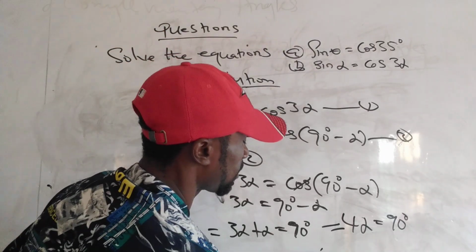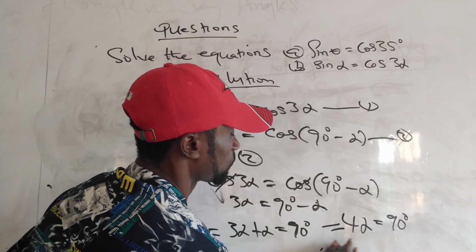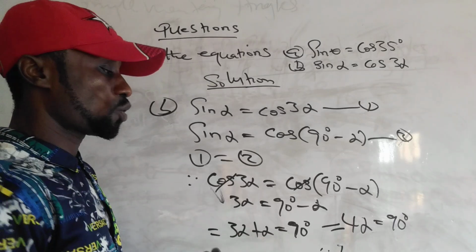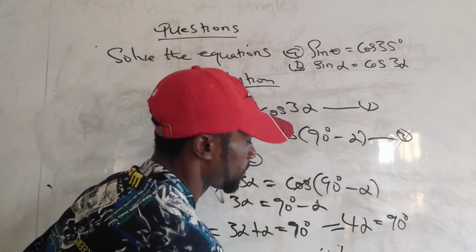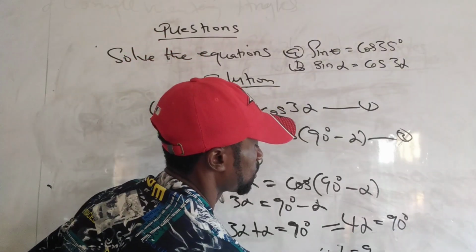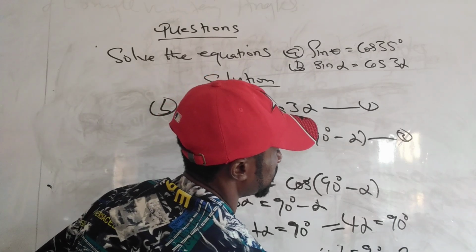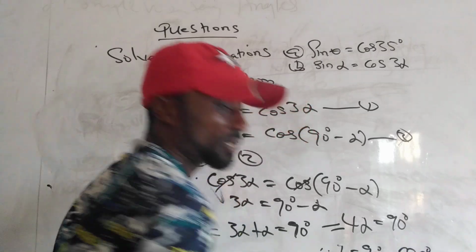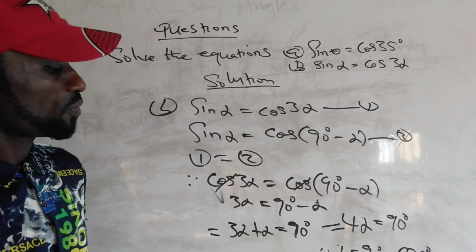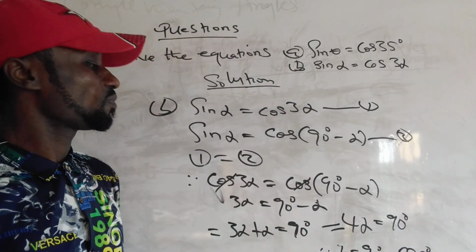So with this, we can comfortably say that alpha, we divide both sides by 4, the coefficient of alpha, is equal to 90 degrees divided by 4, which gives us 22.5 degrees. That means alpha is equal to 22.5 degrees.